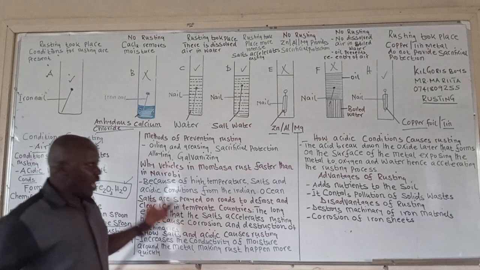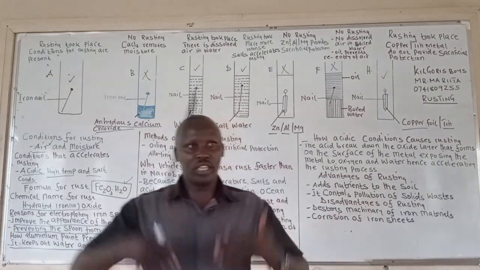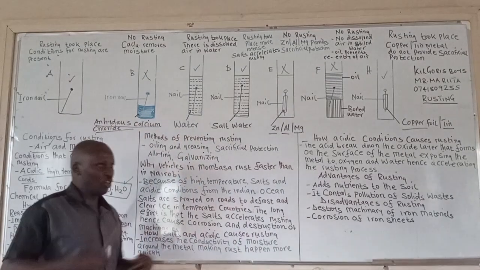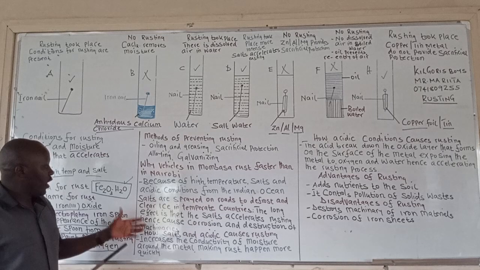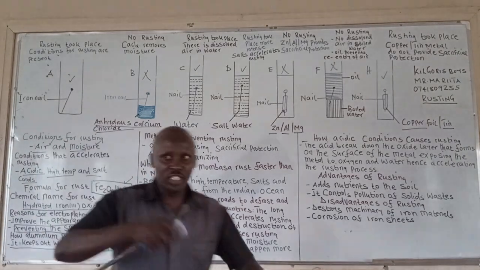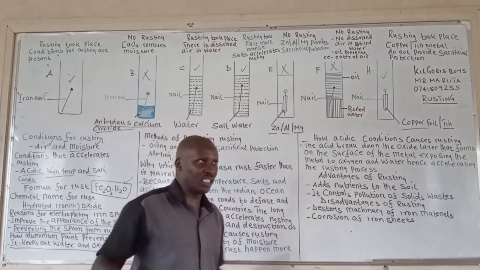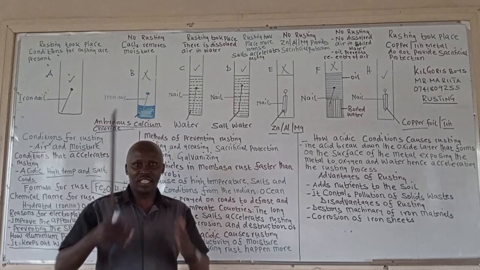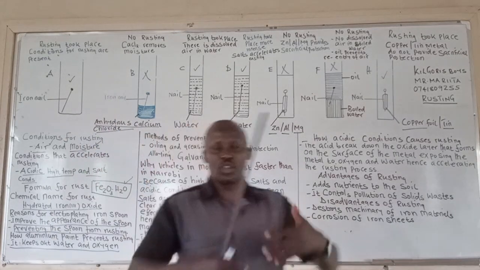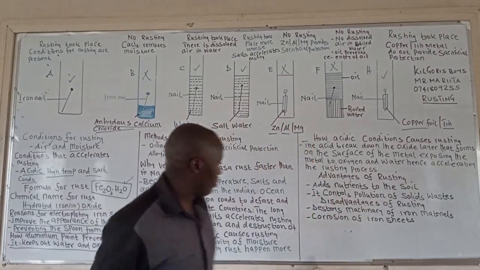Now, we have some temperate countries where salt is sprayed on the roads to reduce snow. For those of you doing geography, you understand what snow is. When salt is sprayed on the roads to reduce the snow, the long-term effect is that it causes rusting on vehicles, more especially on those parts of the vehicle made of iron material.